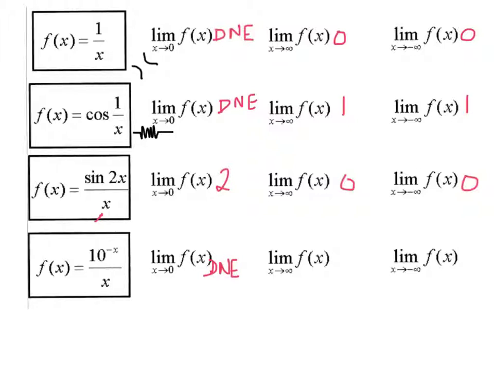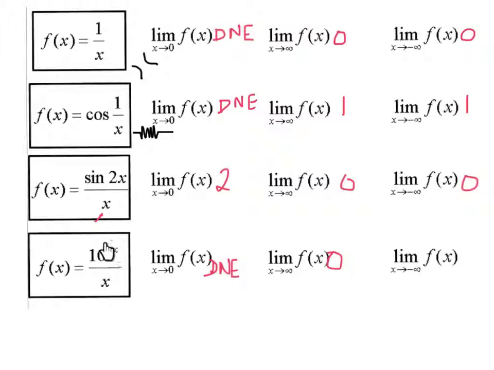As you go towards infinity, I want to talk about this one. You plug in large values, we get 10 to a negative big number. Well, this is approaching 0, because 10 to a negative big gets really small, and the bottom gets really big. Small divided by big approaches 0. Now, if you plug in negative big numbers, 10 to a negative big becomes 10 to a big.